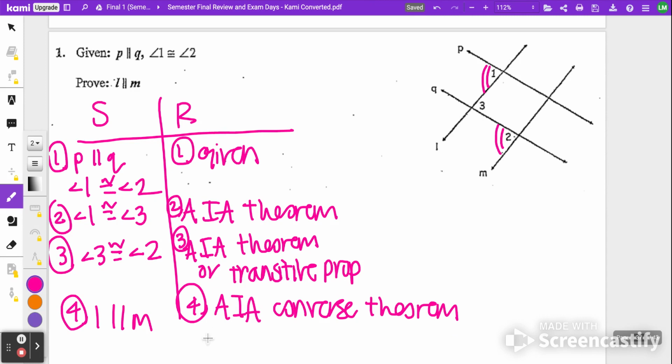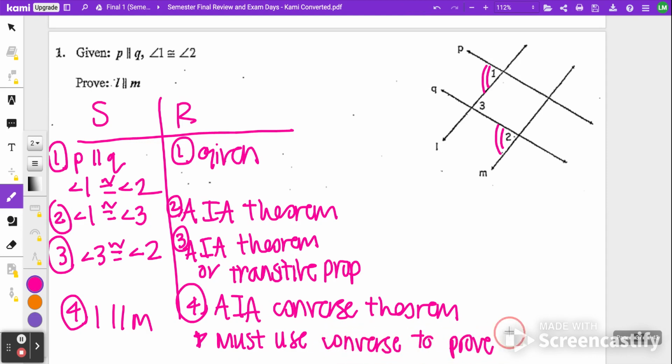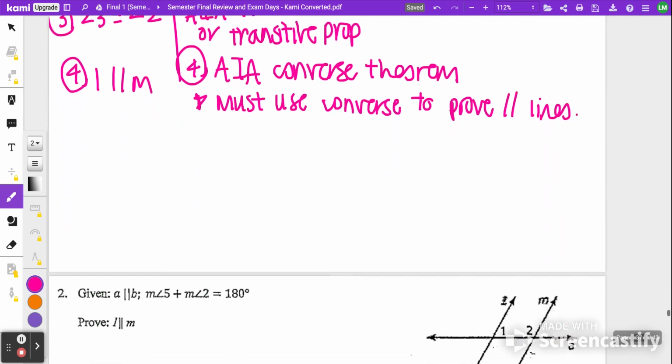In order to prove those lines are parallel, you have to use the converse theorem. If you were trying to prove angles, then you would just use alternate interior for that proof.